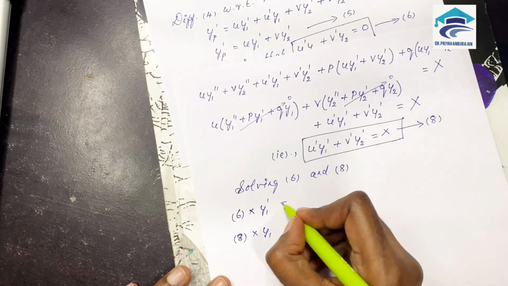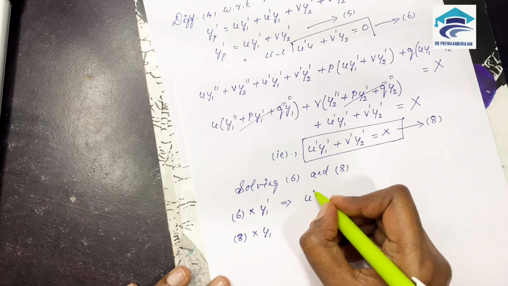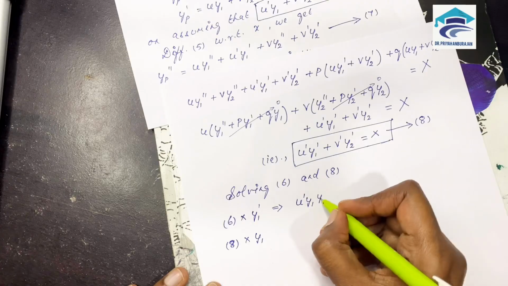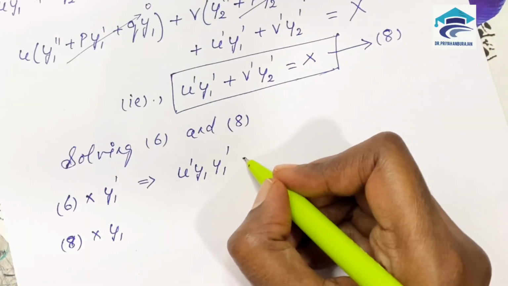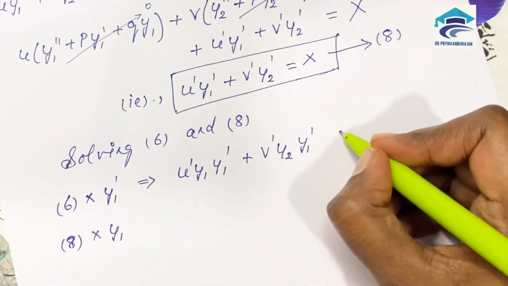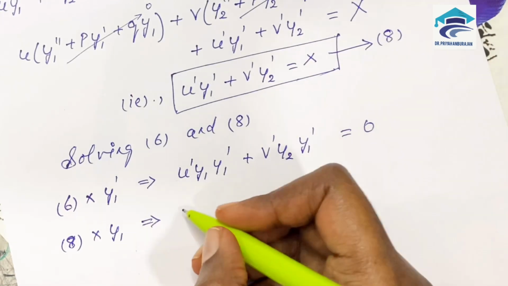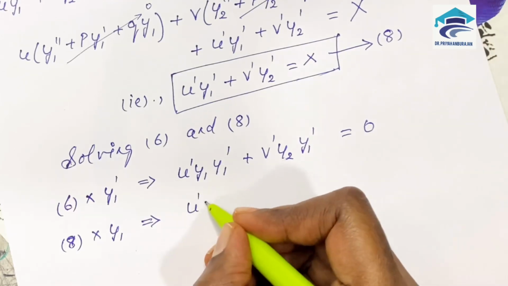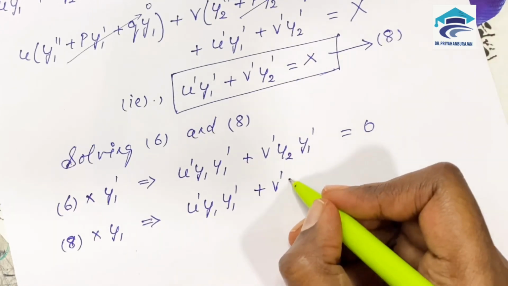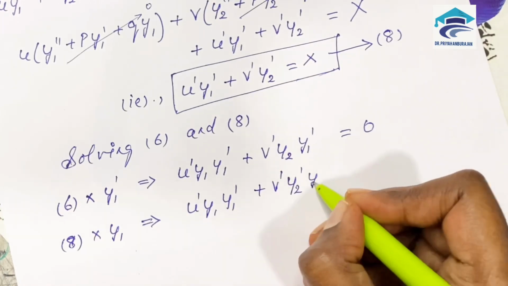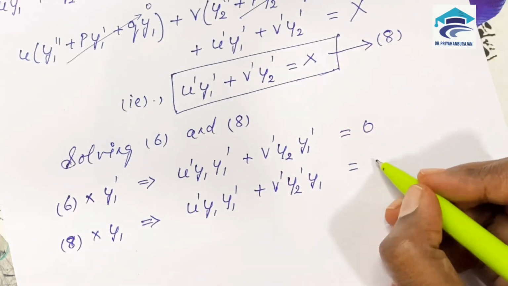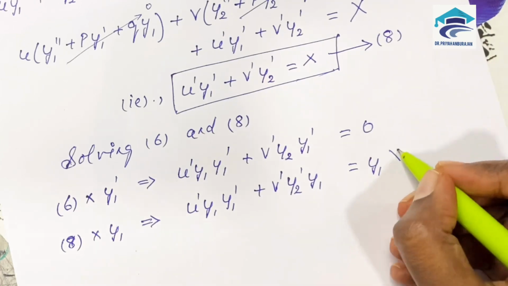So this implies u dash y1 dash plus v dash y2 y1 dash is equal to 0, and this implies u dash y1 dash plus v dash y2 dash y1 is equal to, this side you have x here, so it is y1 into x.